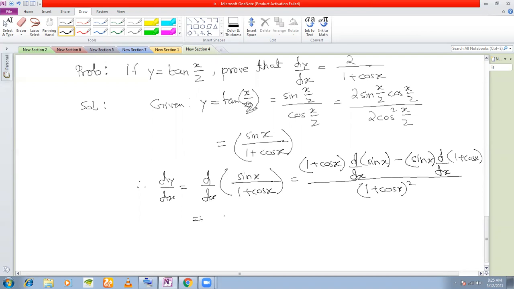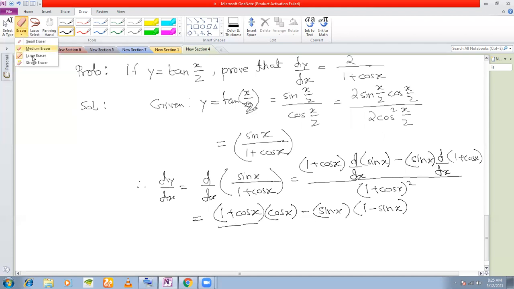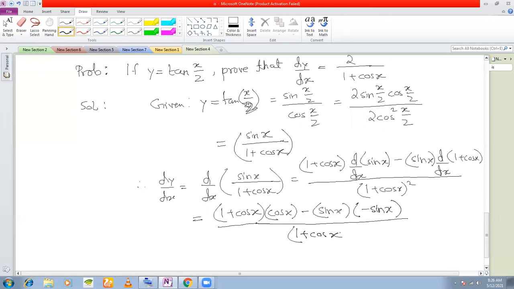Now, 1 plus cos x, ddx sin x is cos x, minus sin x, and ddx of 1 plus cos x is, sorry, it's not 1 minus sin x. It's 0 minus ddx cos x, which is minus sin x. And then you have 1 plus cos x whole square.